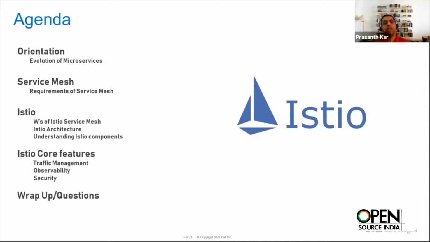In order to understand the how part, it's really important to understand Istio's architecture and Istio components. Then we'll also look at the Istio core features. The three core features associated with it are traffic management, observability, and security. And then we'll wrap up and look at some of the questions.